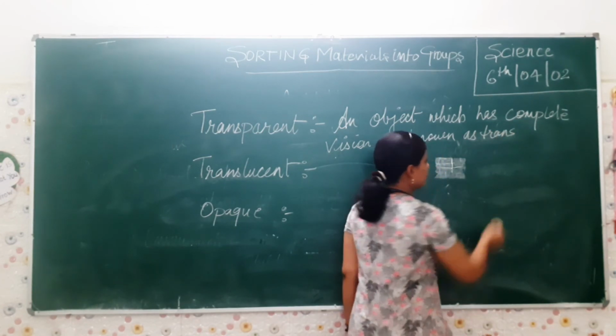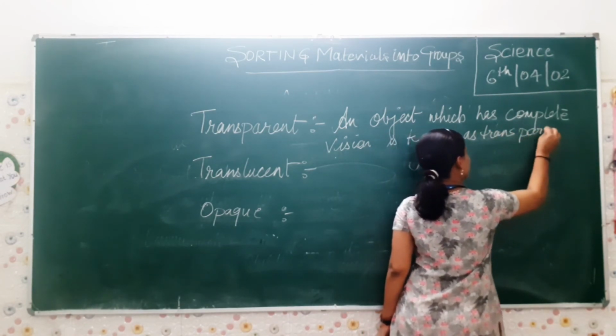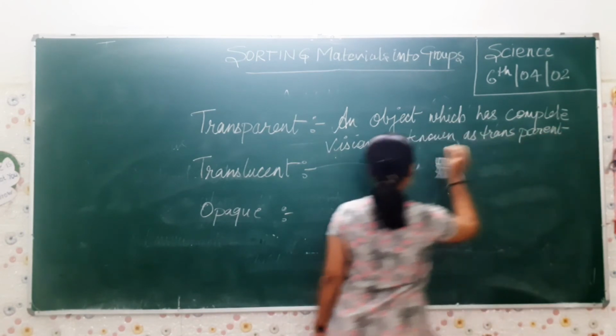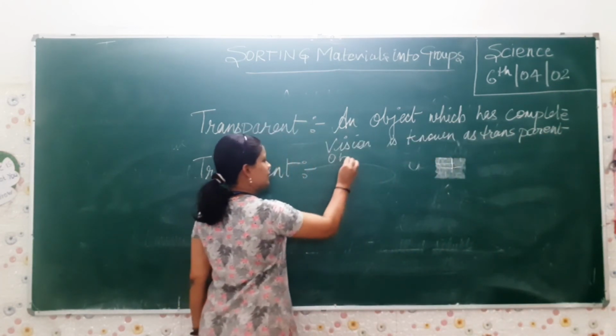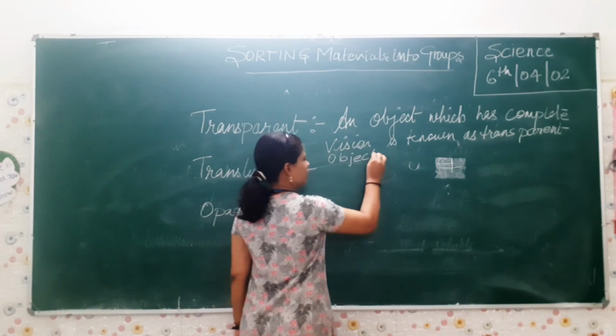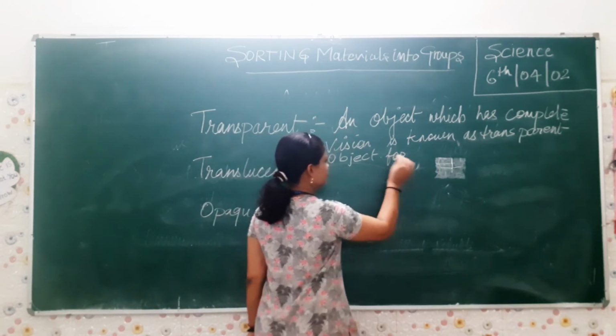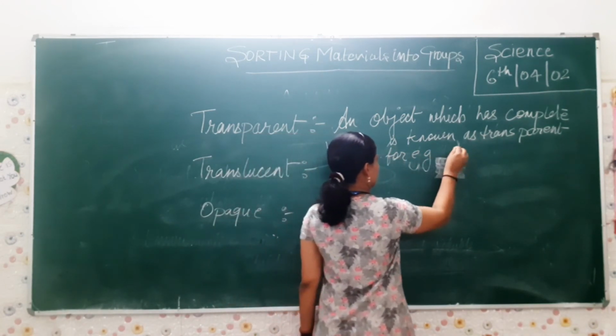What are they called? Transparent object. Fine beta. For example, glass.